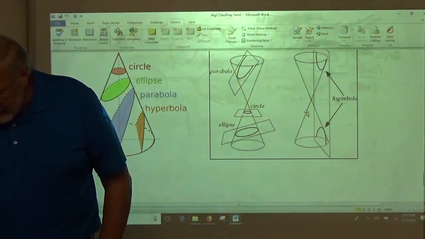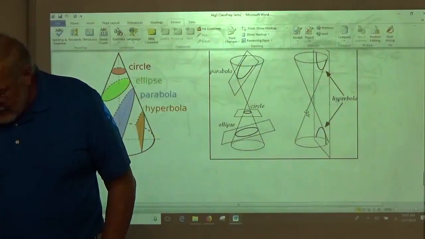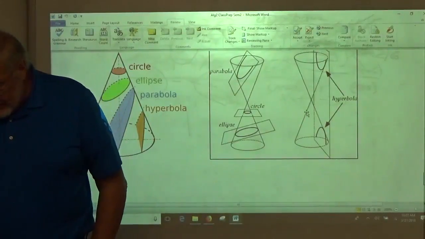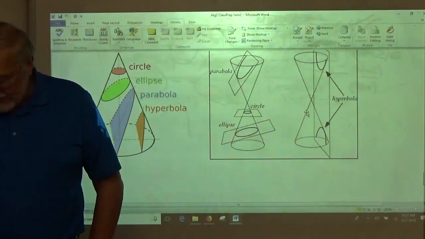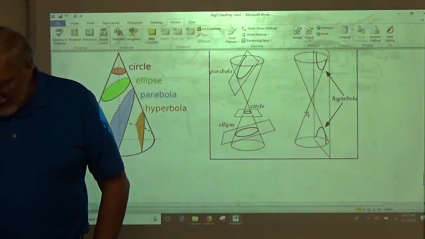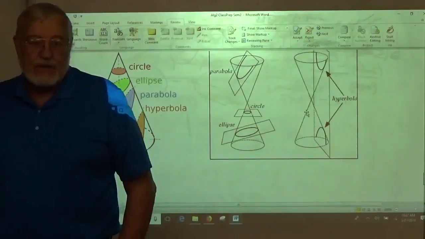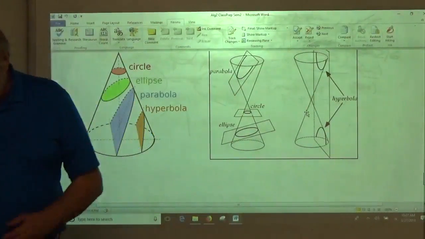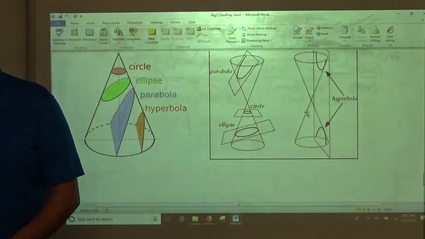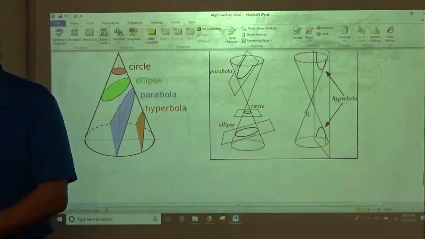A hyperbola is the difference from the two focus points, and the parabola is between the focus point and the directrix. I don't think you need any of those for the test. You know what I'm saying? You don't need any of those for that test.